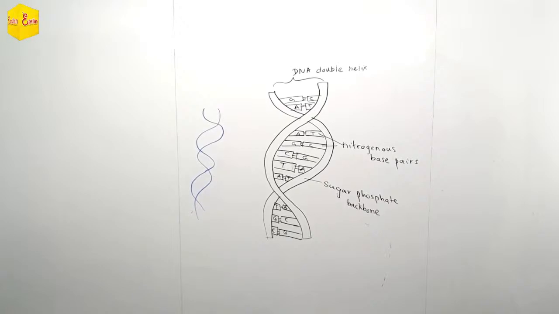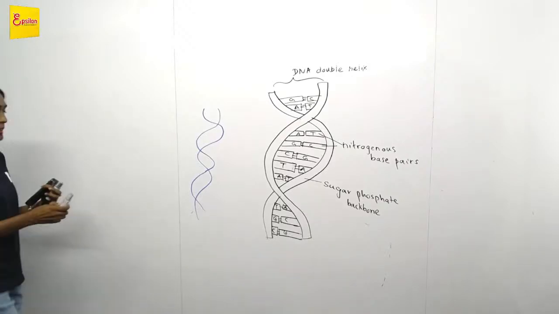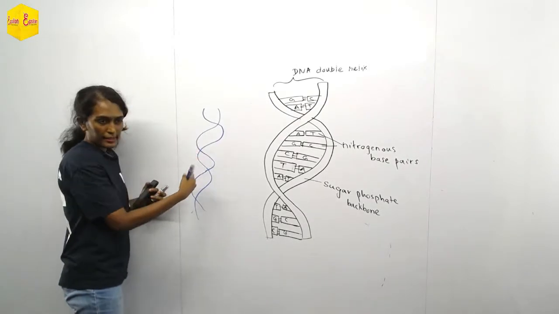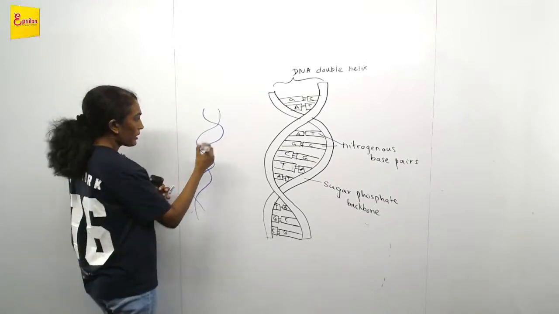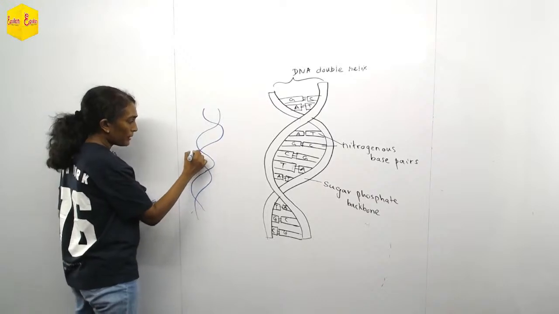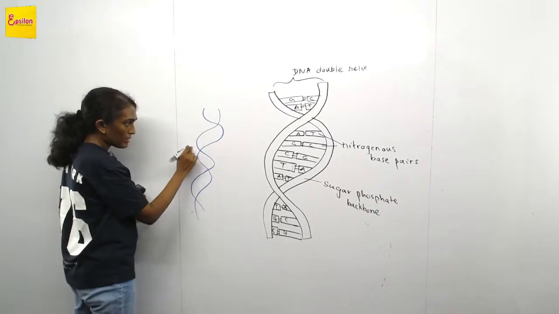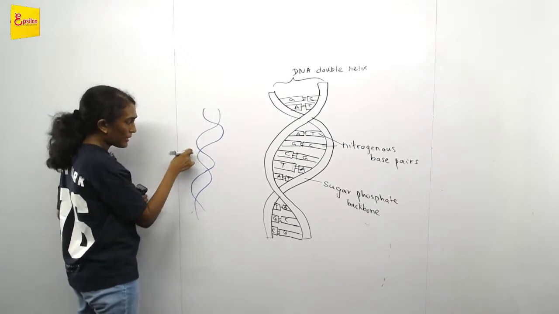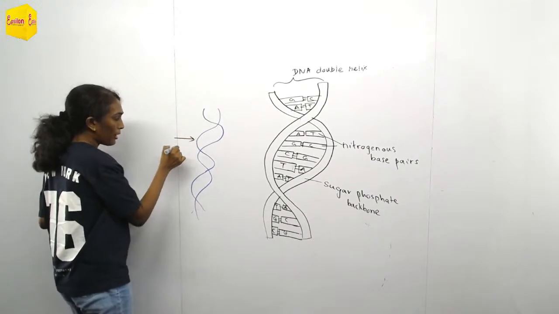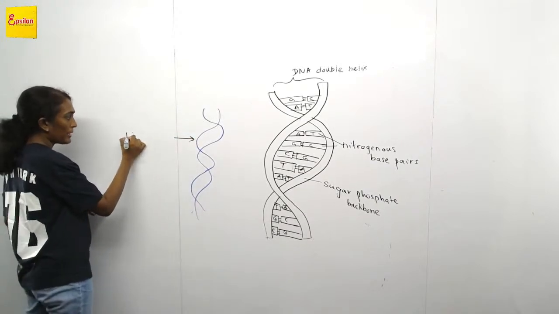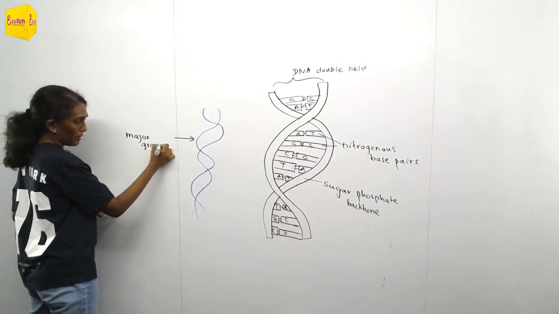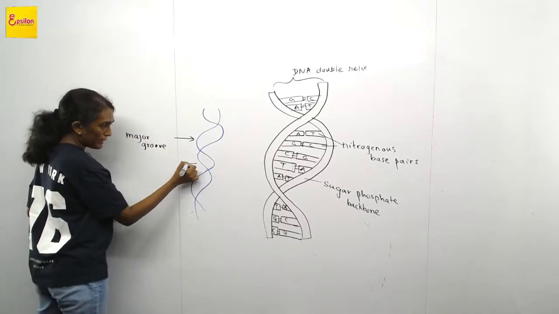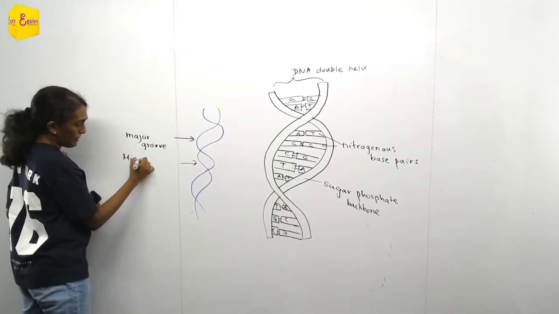Right, so here you can see this one. This is how it really coils. Look at this one. Here we have a big turn, a big turn here and a small turn here. Usually you don't learn these names, I'm just telling you. This we call the major groove. This one we call the minor groove.